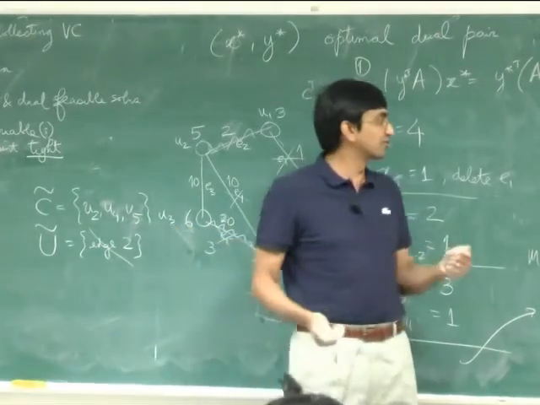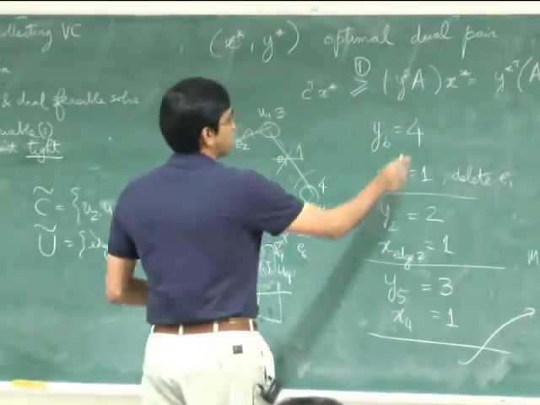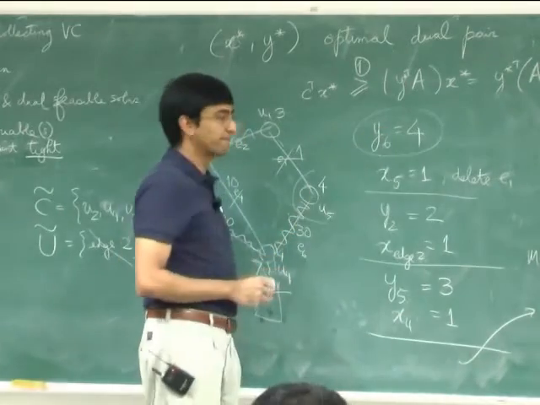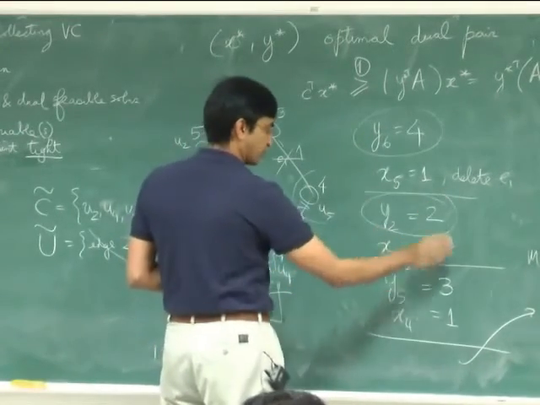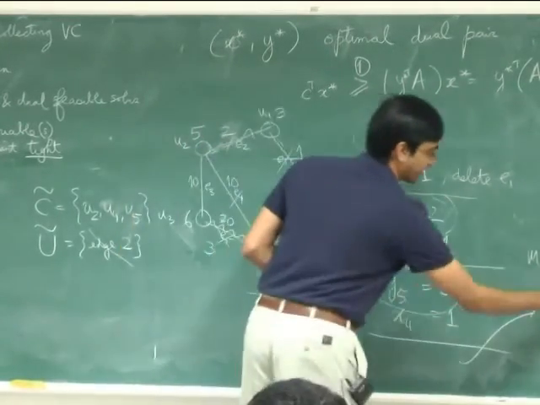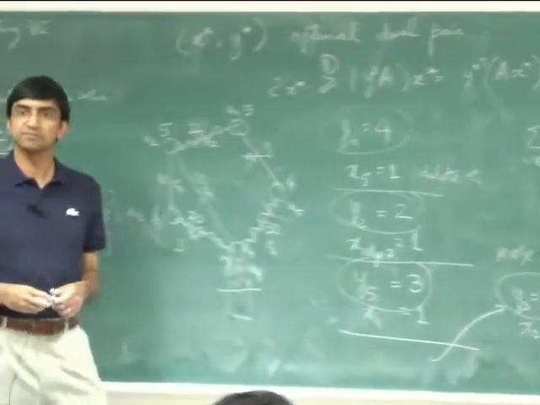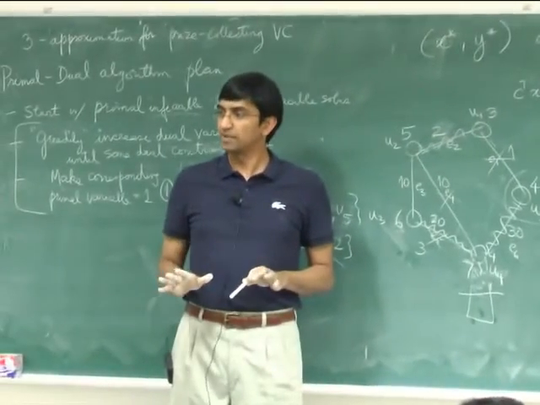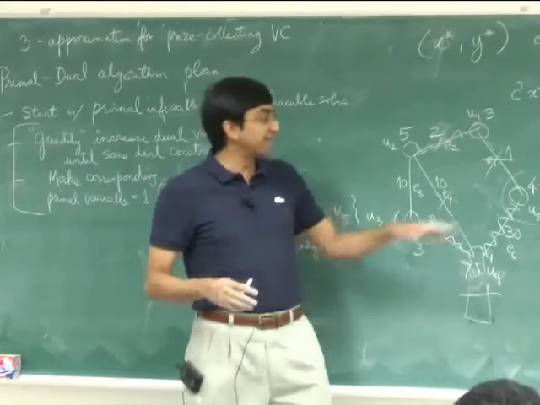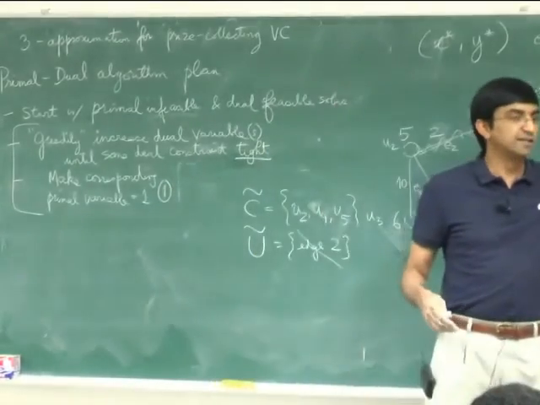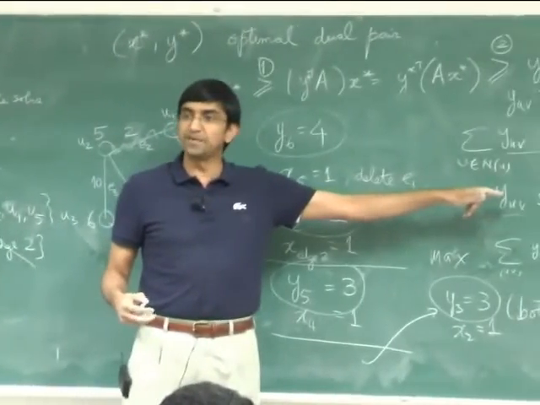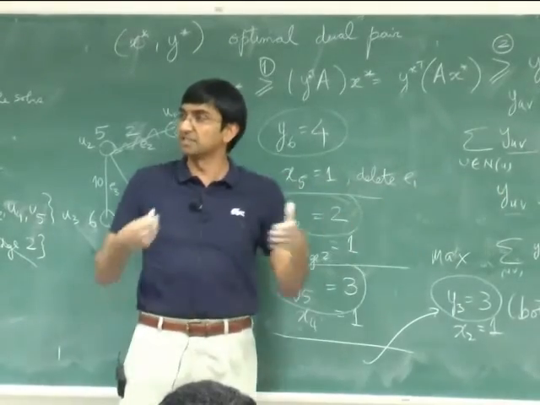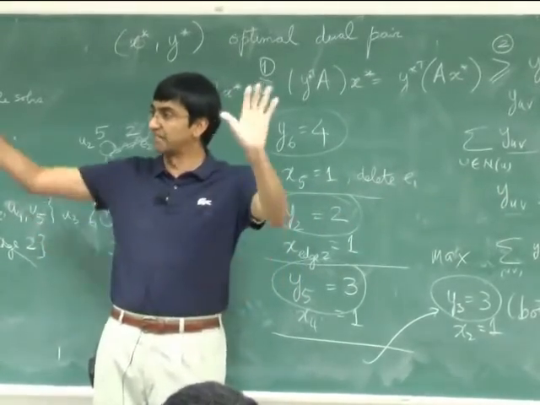What is my dual solution? y6 is 4, y of edge 2 is 2, y of edge 5 is 3, and y of edge 3 is 3. And they obey the constraints of the dual LP by construction. That's how I increased them; I made sure I didn't violate anybody.